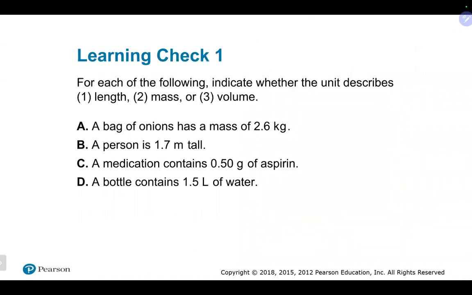All right, so let's look at each of these here. For each of the following, indicate whether it describes length, mass, or volume. So why don't you take a moment or two and determine what we're talking about here. On the first one, we have kilograms, which is a unit of mass. We have meters, which is a unit of length.